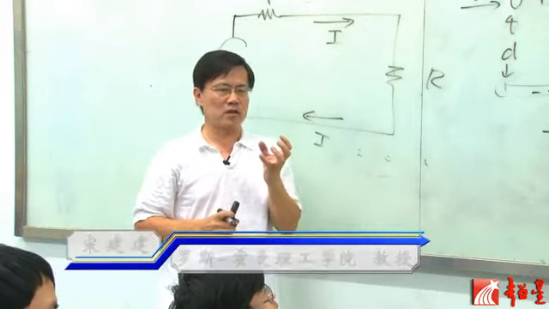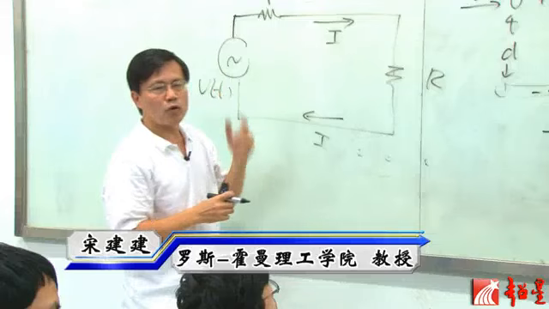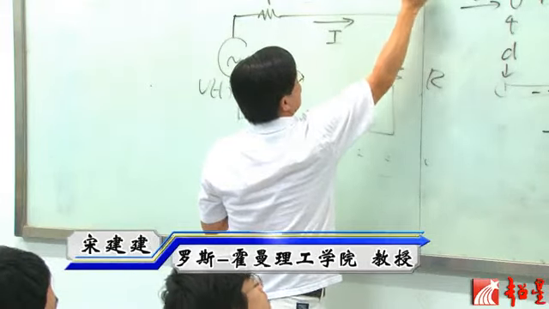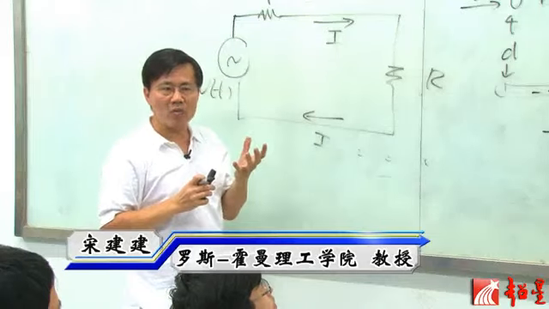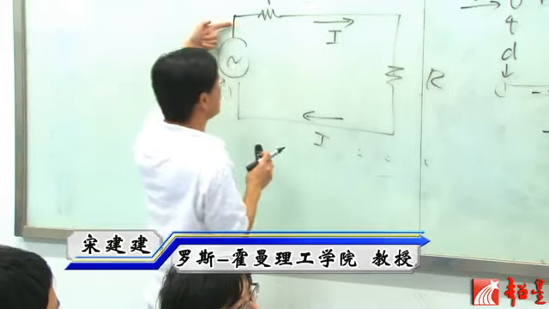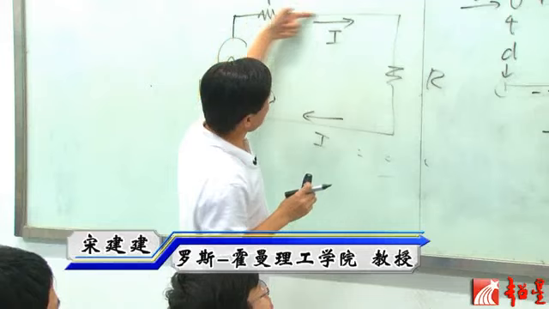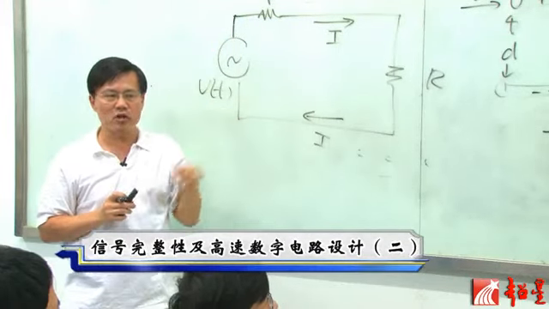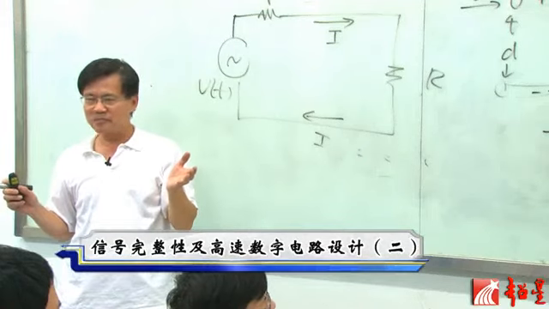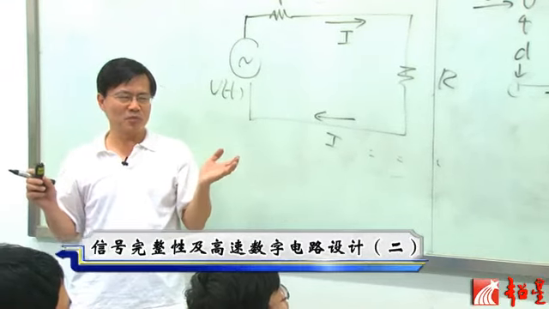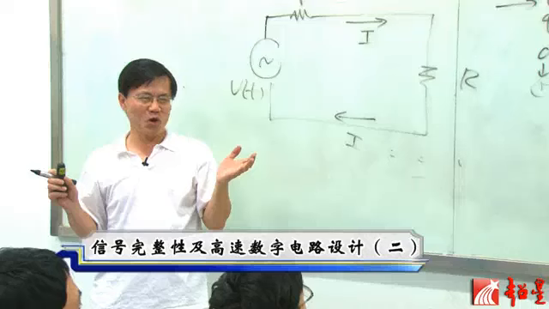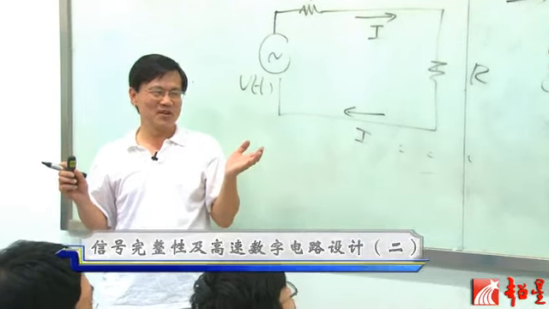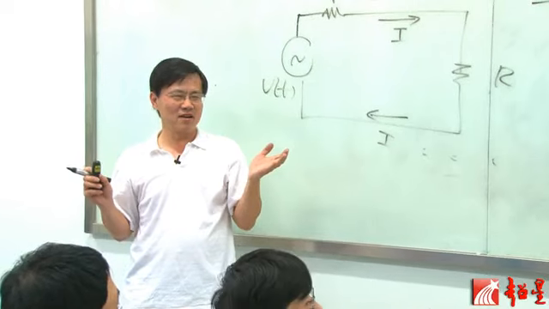Is this correct? It's like a water pipe. The current goes in from the top, goes through the load, and comes back from the bottom. Is this correct? Yes or no? It's not correct at all.